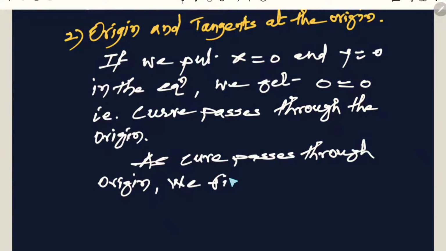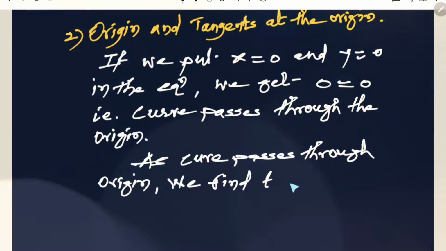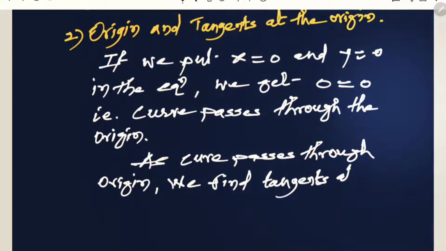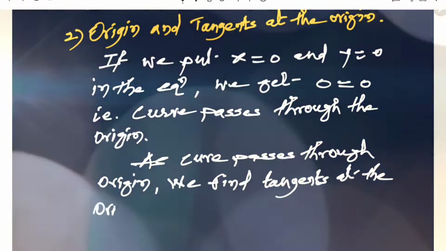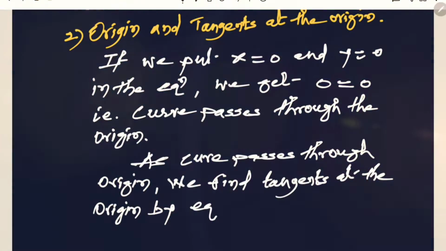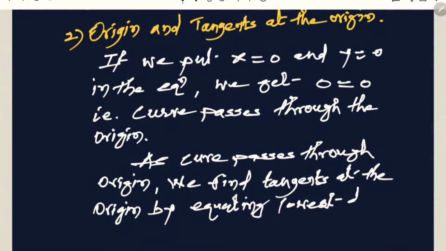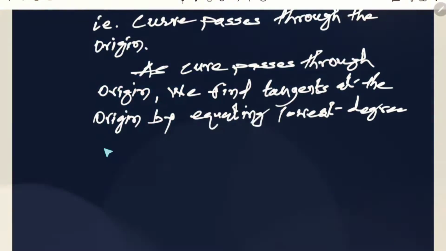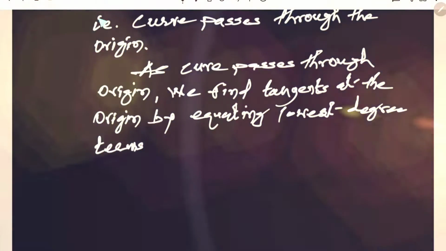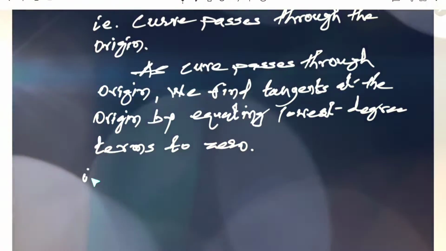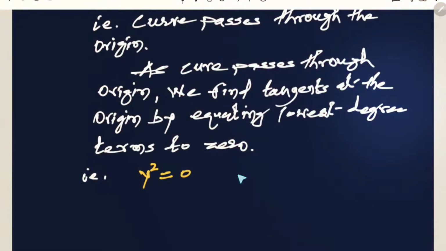The procedure is that we have to equate the lowest degree term or terms to 0. Here the lowest degree term is y square, which is on the left hand side. Therefore, equating it to 0, we get y square equals 0, means y equals 0 and y equals 0.